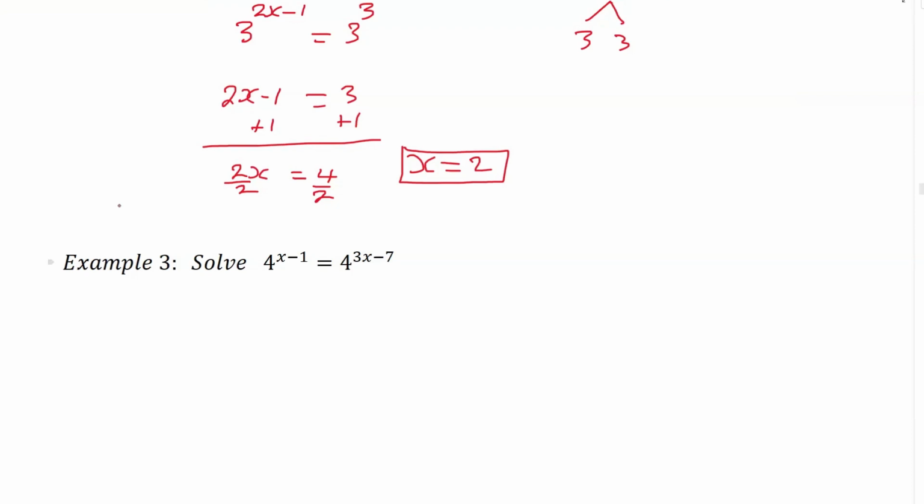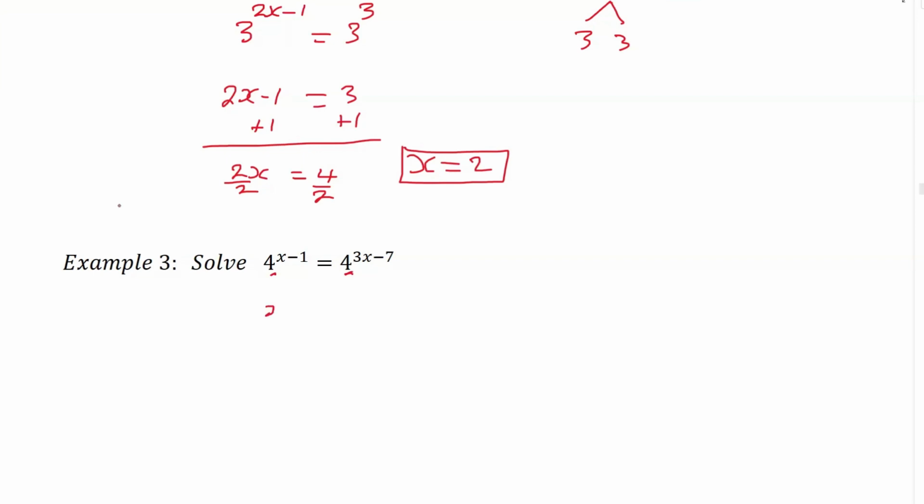So this one is not bad because the bases are already the same. So we don't have to do any conversion. We probably can change base 4 into base 2, but that wouldn't help us anyway. Right? Once the bases are the same, we just set the exponents equal to each other.